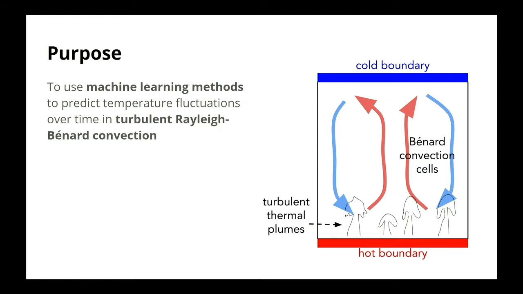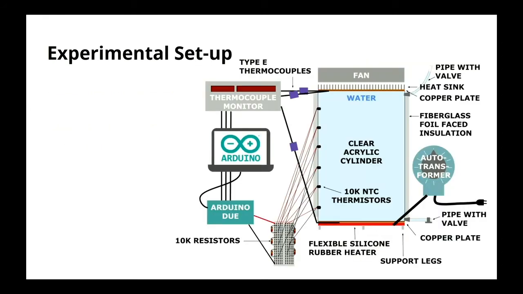We heat the bottom and cool the top of a container of fluid, and then you start to get laminar convection cells, kind of like when you boil a pot of water. When the temperature difference between the top and the bottom becomes large enough, we get turbulent phenomena like the thermal plumes that you can see here. We can measure this turbulence just by measuring the temperature fluctuations at certain locations in the flow. And that is exactly what I did.